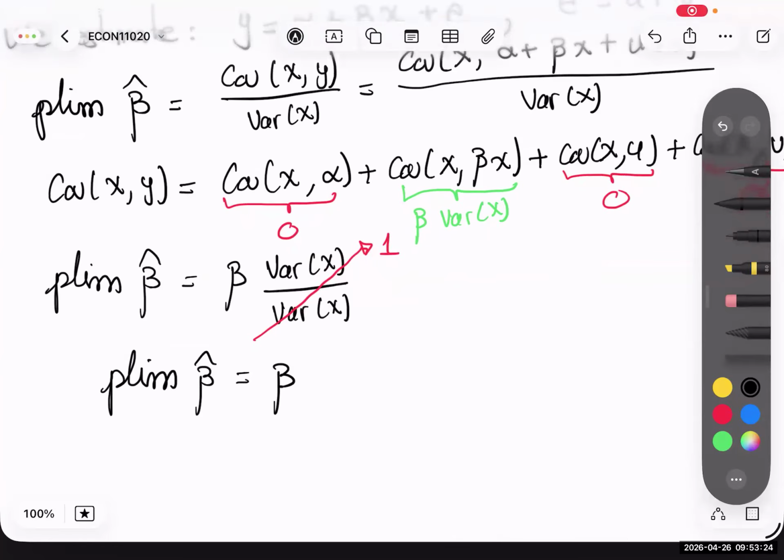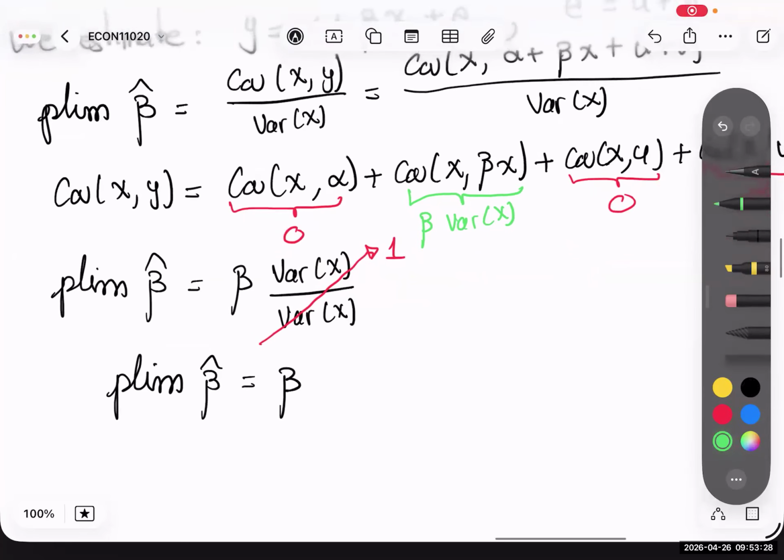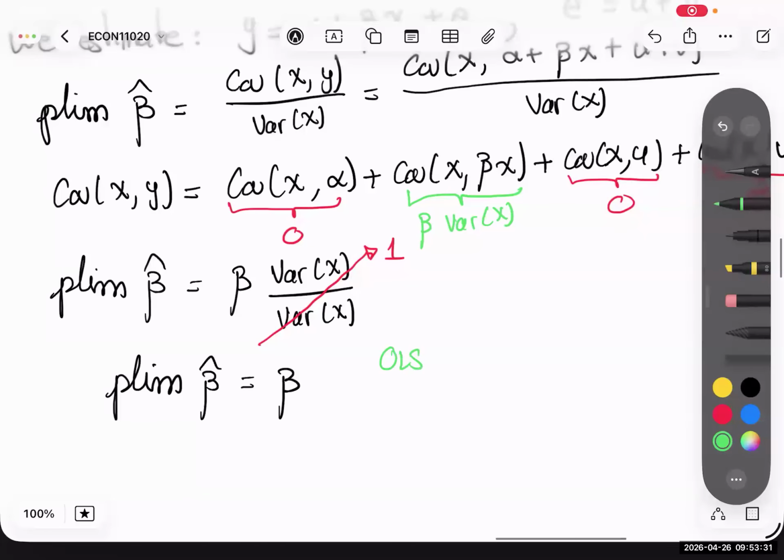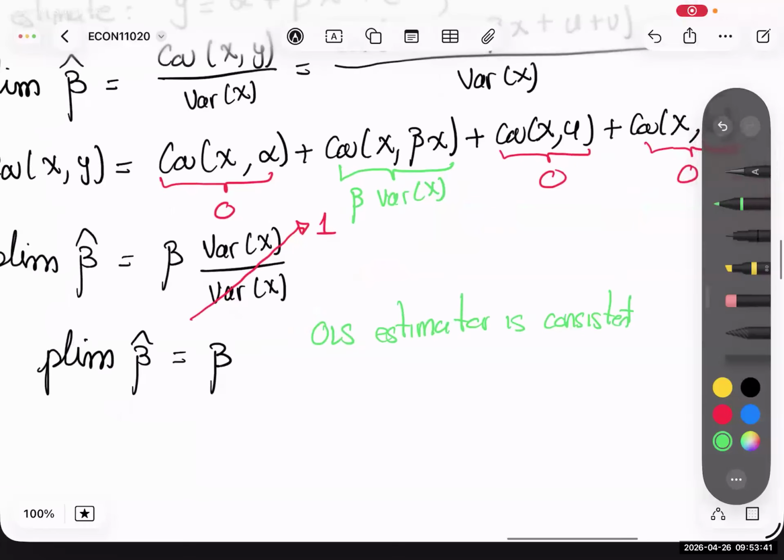And then you say, well, Professor, but it seems that there's no problem here, right? That's the conclusion: the OLS estimator is consistent when Y star is measured with error.